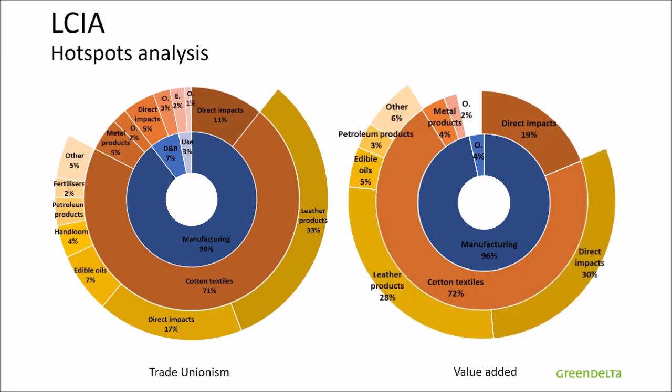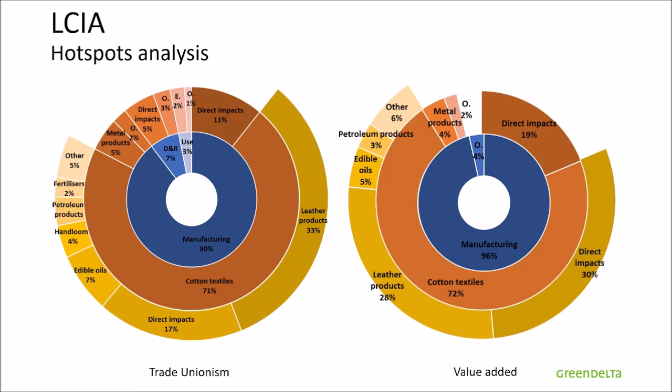For the trade unionism category and the value added, let's look a bit deeper into the impacts. We saw earlier that there's a very low trade union density in the Indian garment manufacture, which is represented in the direct impact over here. But as you can see, the larger part is from cotton textiles.